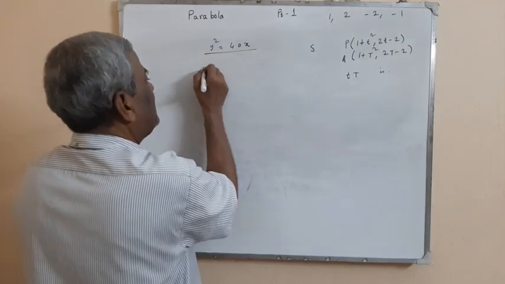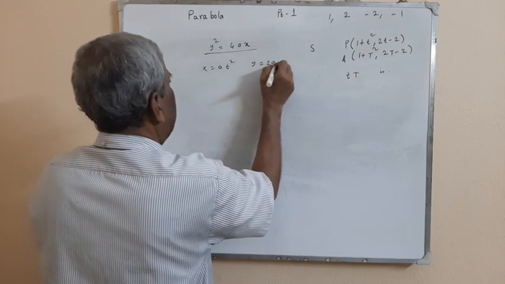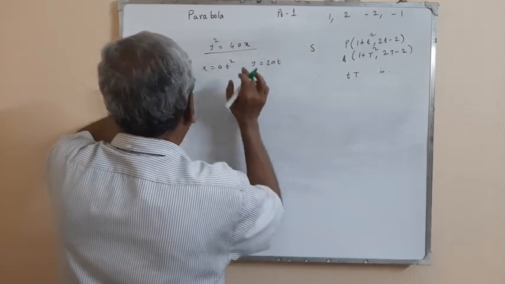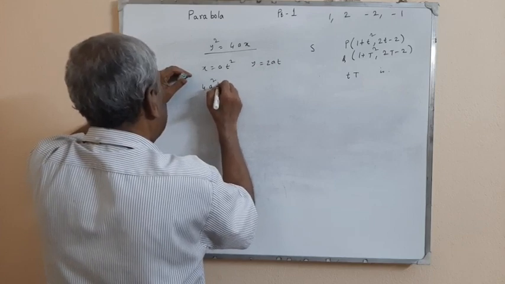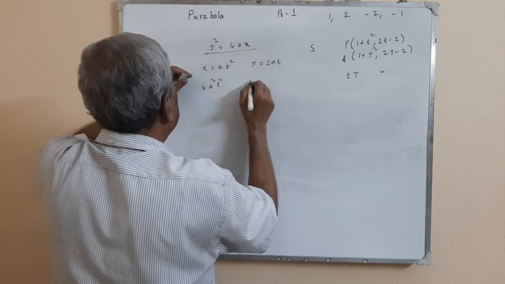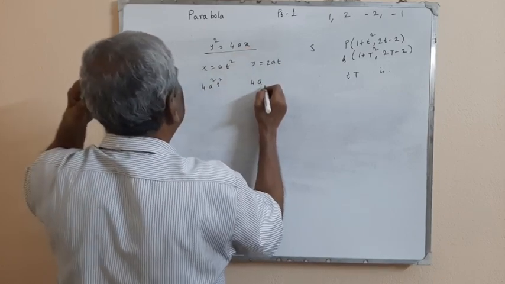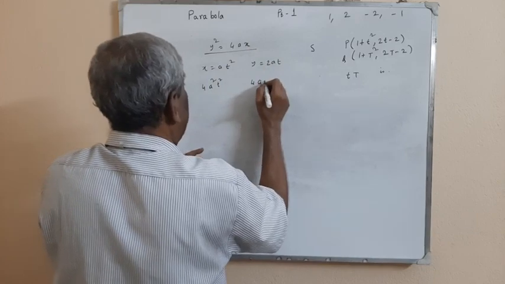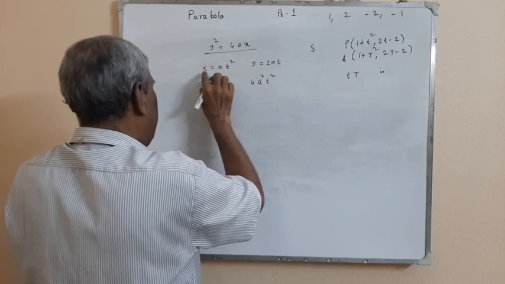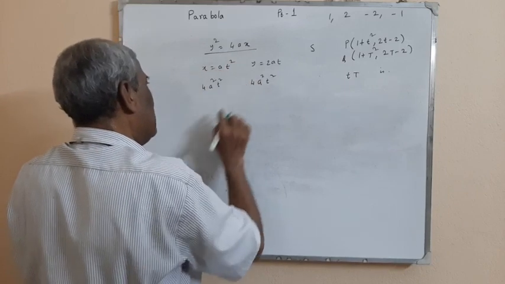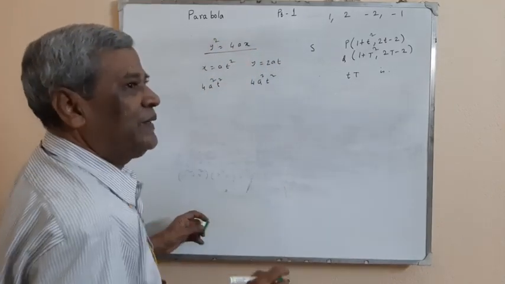If we put x = at², y = 2at, let us see what happens. y² means 4a²t², and 4ax means 4a into x, which is 4a²t². So by putting x = at², y = 2at, this satisfies the equation automatically.